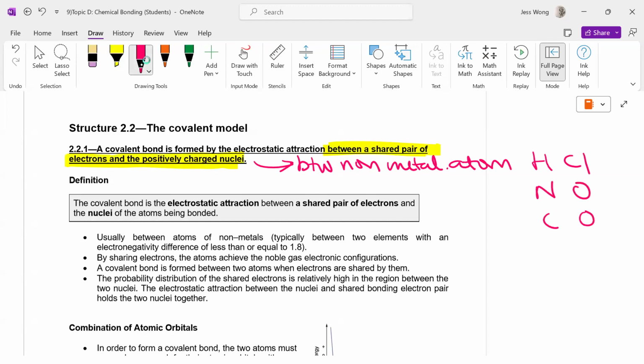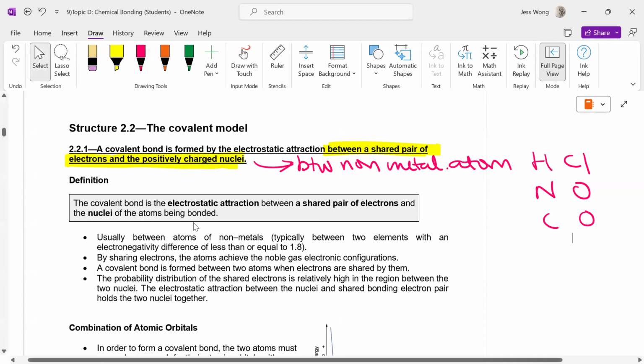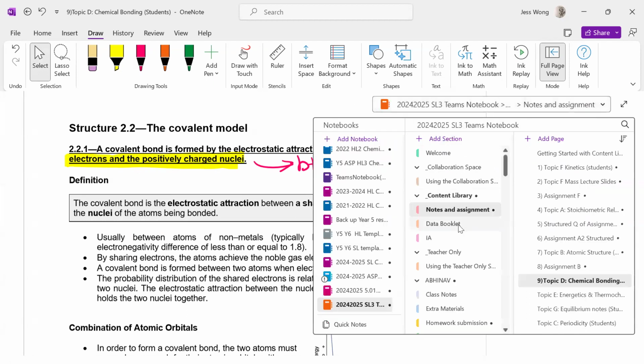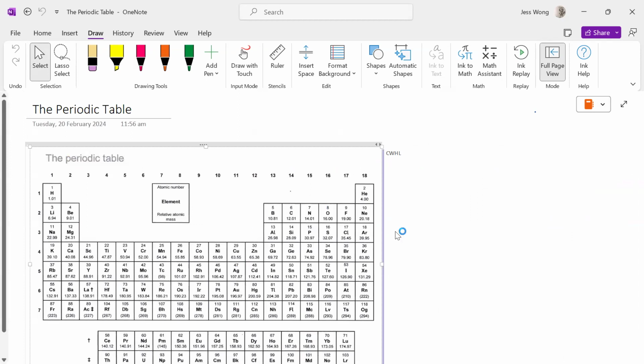All right. However, there are also covalent compounds that are formed between metals and non-metals. So what are those metals that will tend to form covalent compounds with non-metal atoms? How do we know whether it will be covalent or ionic? In order for us to do so, I will have to bring your attention to the data booklet.